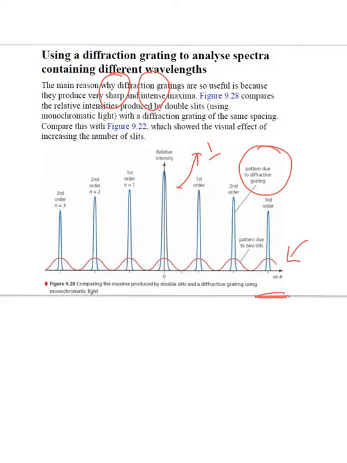Now, this enables you to have some very clear differentials for light of different wavelengths. So, for example, if you're using visible light, you can easily differentiate the blues from the reds because they each line up in the correct position and they don't overlap because their distribution is so much smaller.